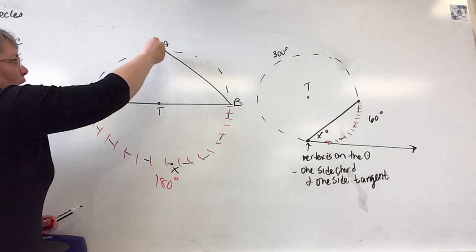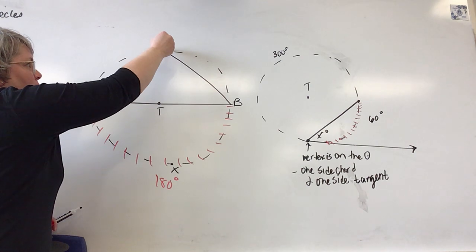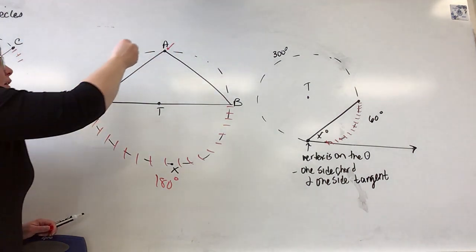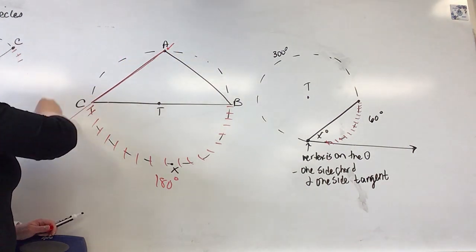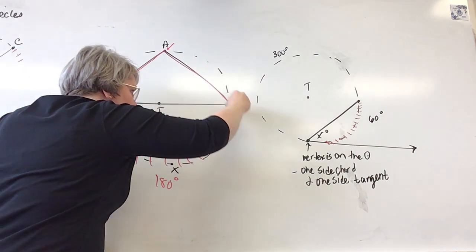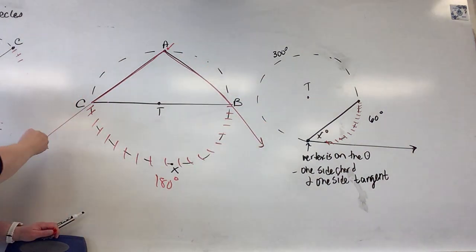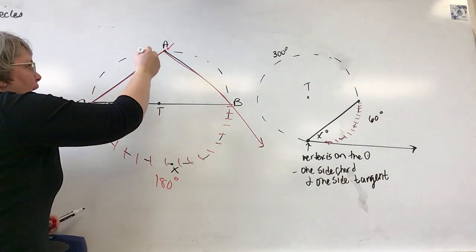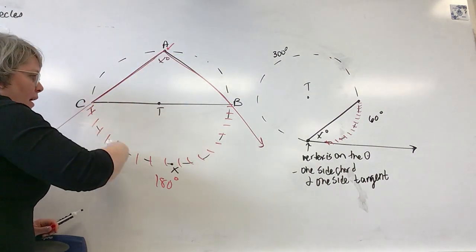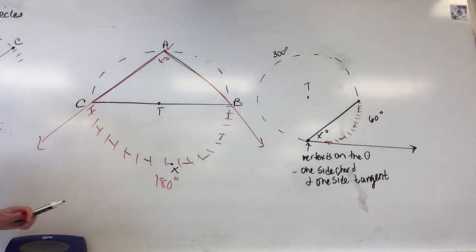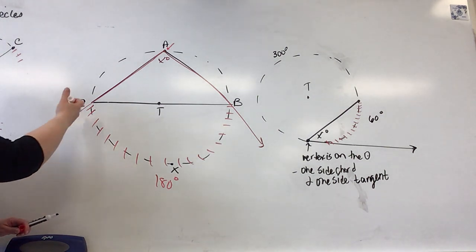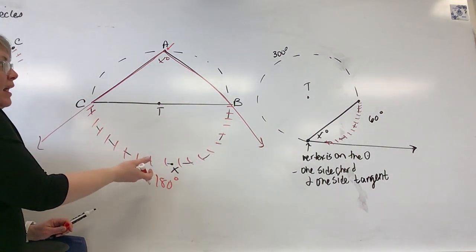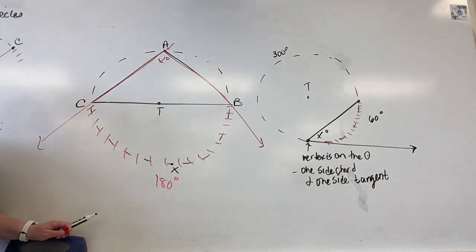Now, sometimes you can't see an inscribed angle, or sometimes you just need a little bit of help. But here is the inscribed angle because the vertex is on the circle. And if I extend both sides of my angle and make them nice long rays, we can see that the inscribed angle would open up to the whole semicircle. And if the whole semicircle is 180, then the inscribed angle is going to be not 180, but 90.